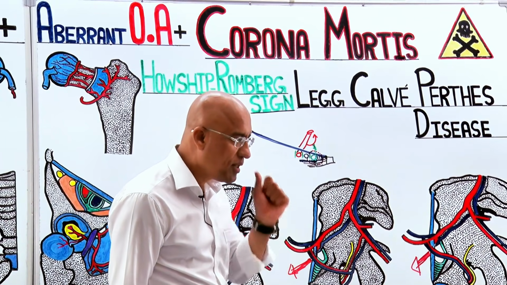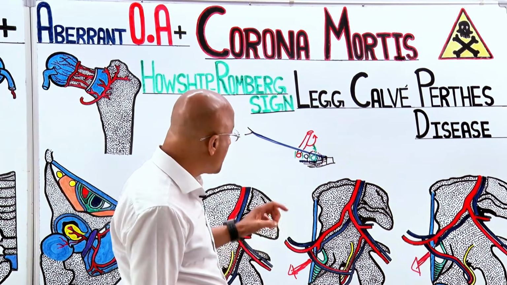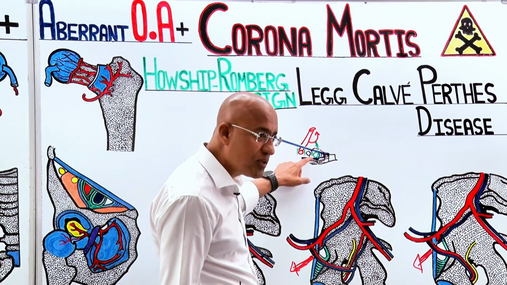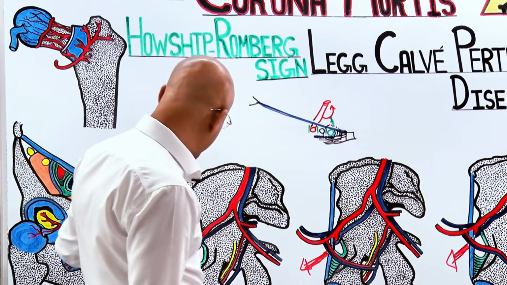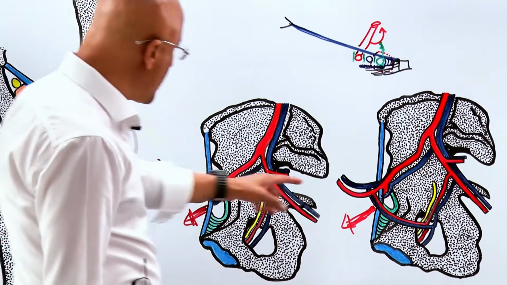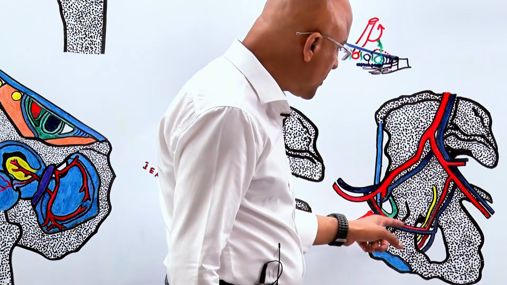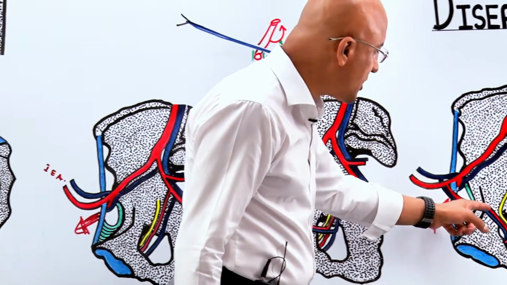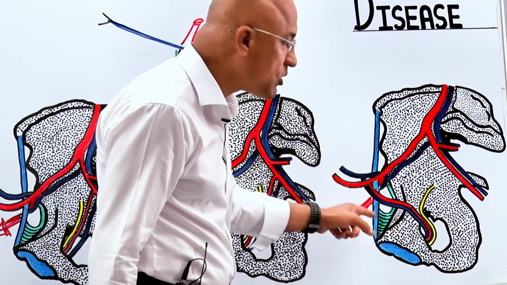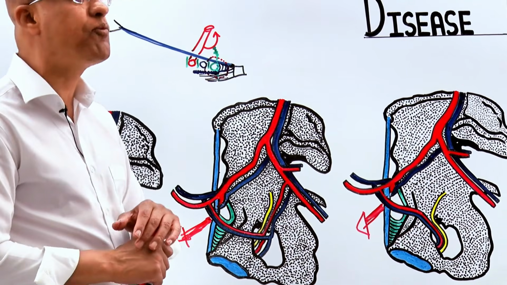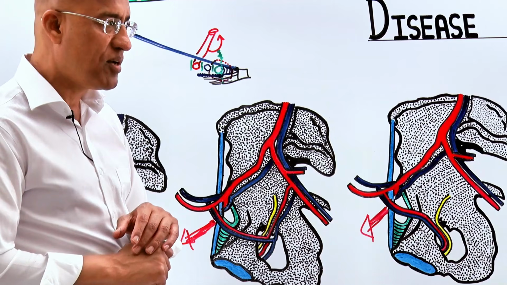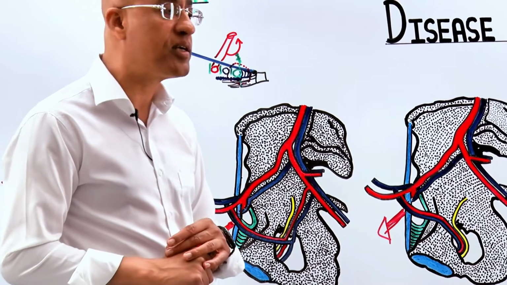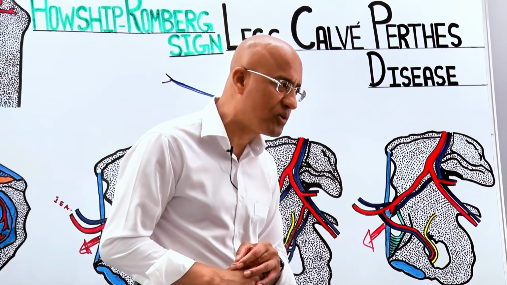But if a variant of the obturator artery, the accessory or aberrant obturator artery, is feeding this anastomosis, then it is a very high flow anastomosis. And if this is arterial, it is not only high flow, but also high pressure.